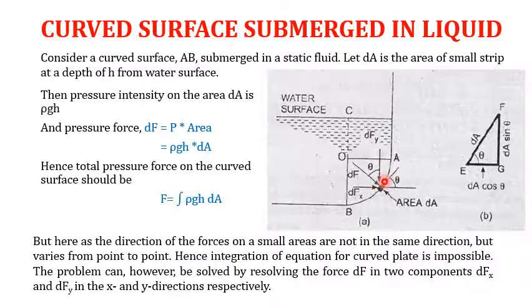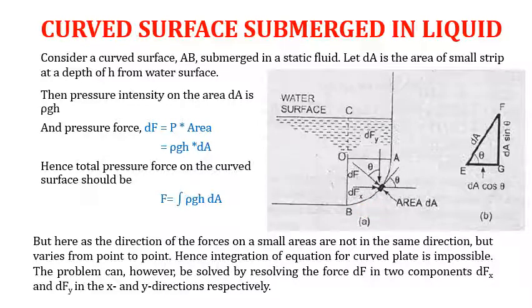As this area makes an angle theta with horizontal, its perpendicular, which is this force dF, will make the same angle theta with vertical. So here you can see that dFy will be dF cos theta, while dFx will be dF sine theta.